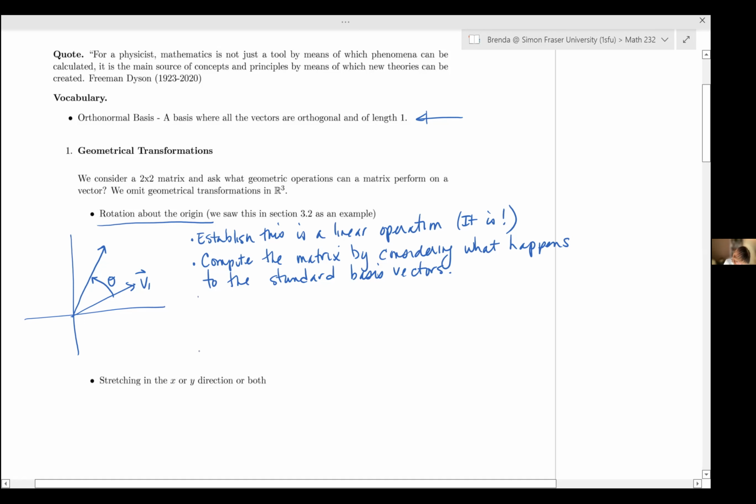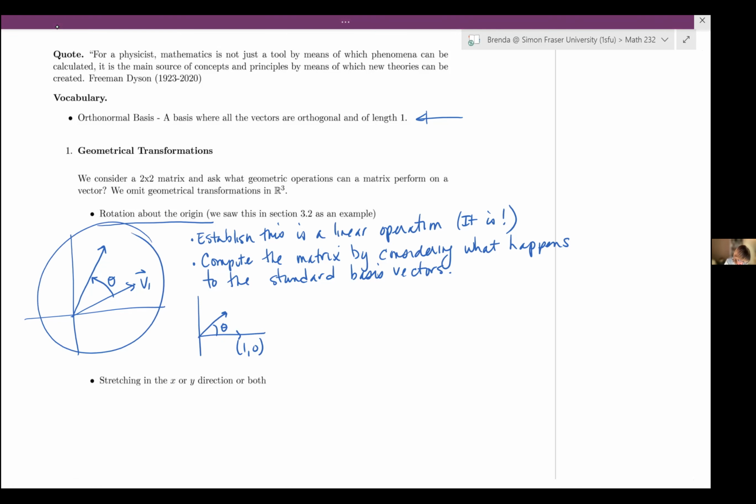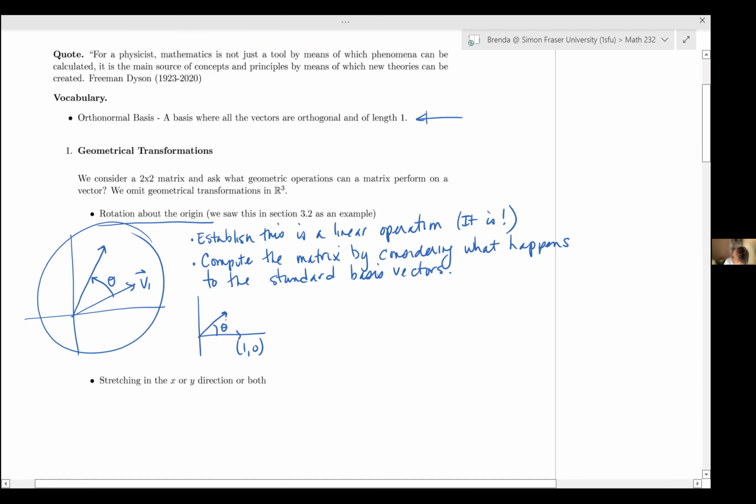So we want to get this general problem, but what we're going to first do is take the vector 1, 0, and imagine rotating that by theta, and then we're going to be able to easily figure out where that thing is. Okay, so we're just going to drop a line here, and we're going to notice that this distance here is cosine theta, and then this distance here is sine theta.